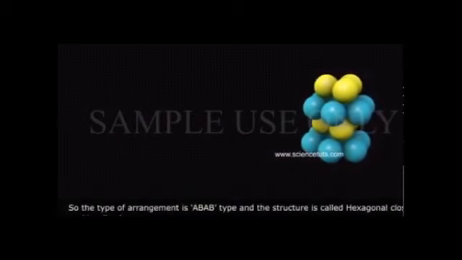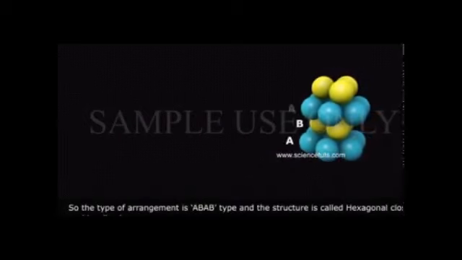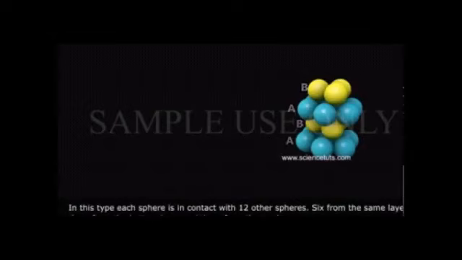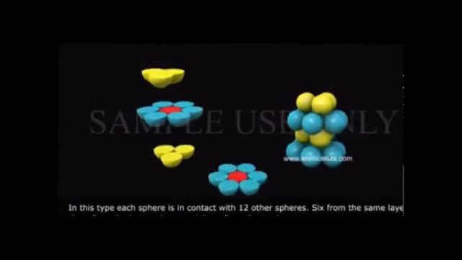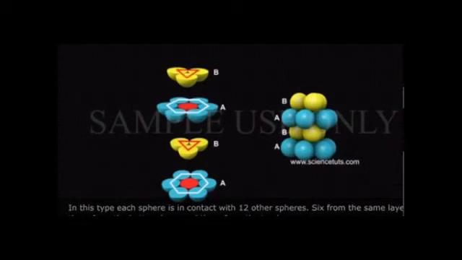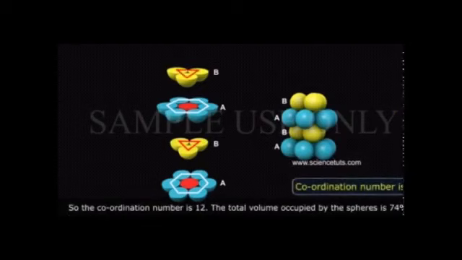So the type of arrangement is AB-AB type, and the structure is called hexagonal close packing HCP. In this type, each sphere is in contact with 12 other spheres. 6 from the same layer, 3 from the bottom layer, and 3 from the top layer. So the coordination number is 12.